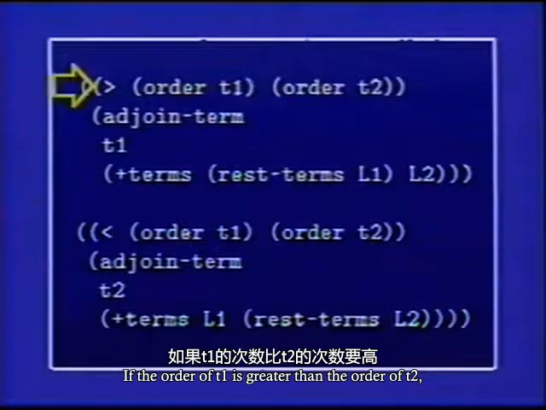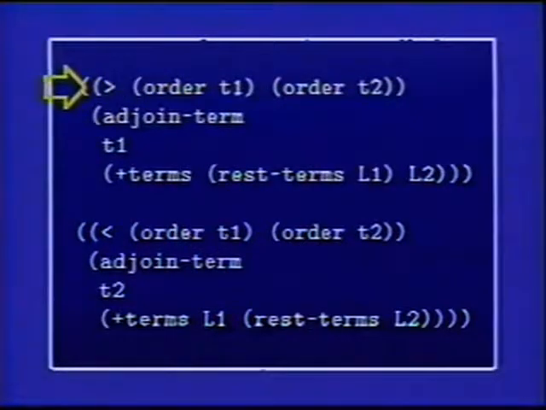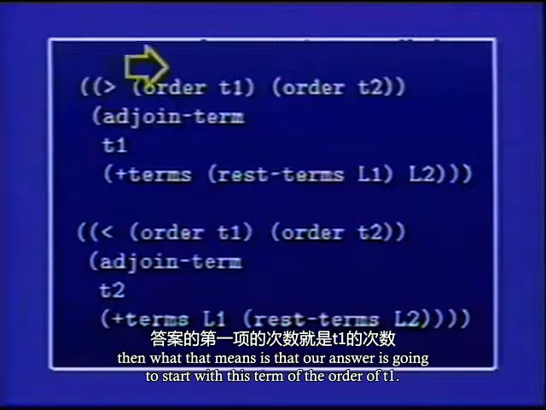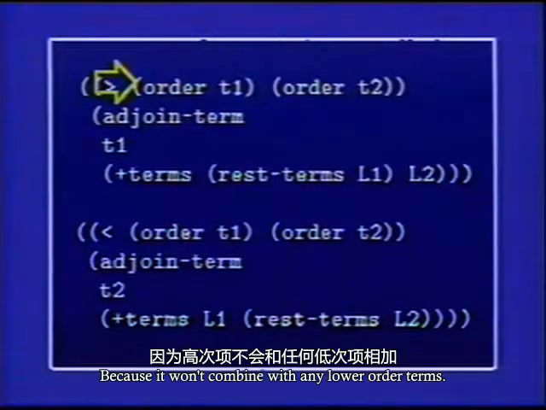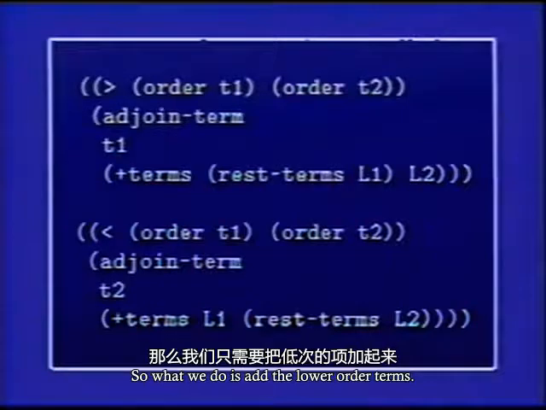If the order of T1 is greater than the order of T2, then what that means is that our answer is going to start with this term of the order of T1, because it won't combine with any lower order terms. So what we do is add the lower order terms.